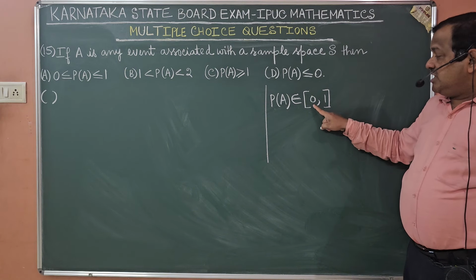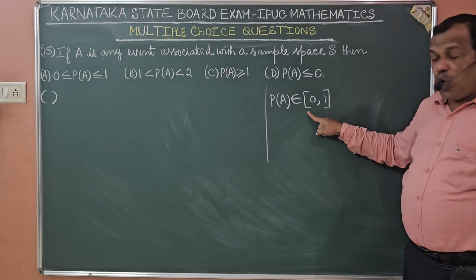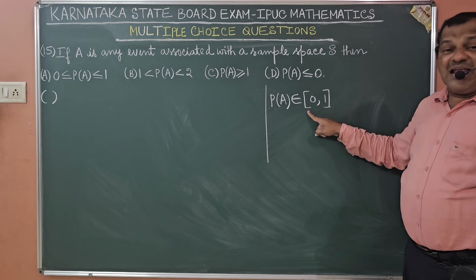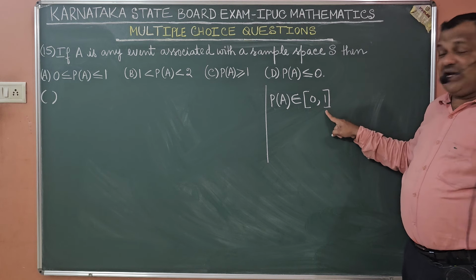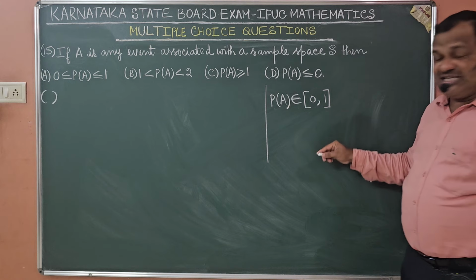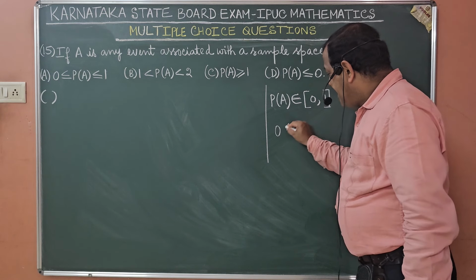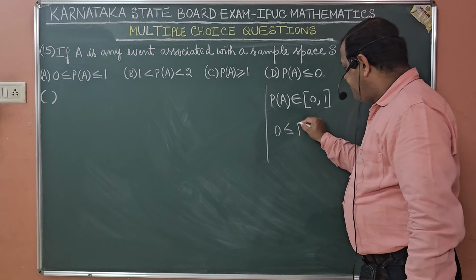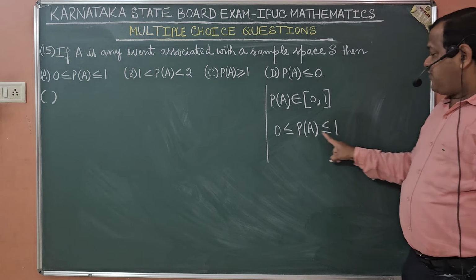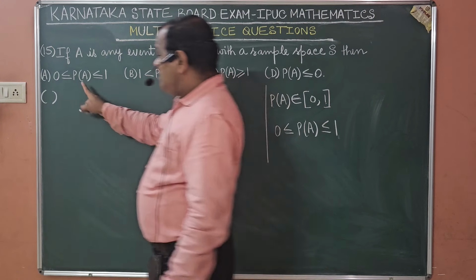This means the first real number 0 and the last real number 1 are included, and all real numbers between 0 and 1 are also included. Another way of writing this is 0 less than or equal to P of A less than or equal to 1, which is found in option A.